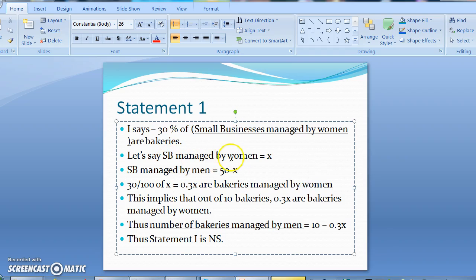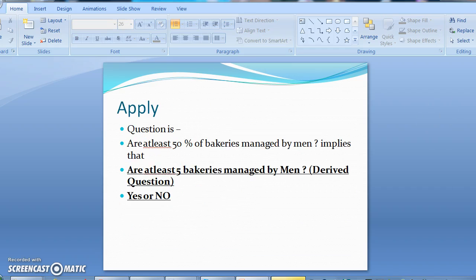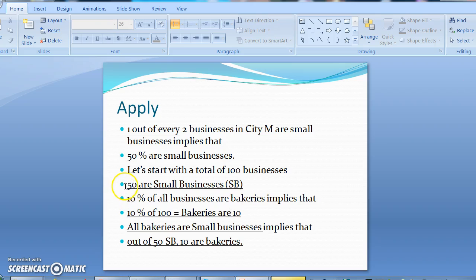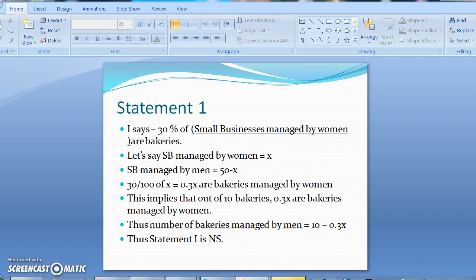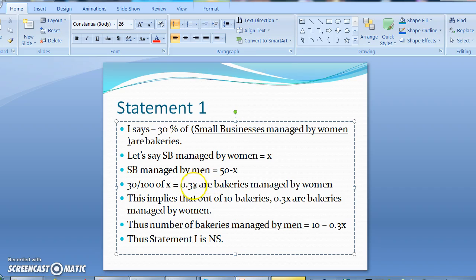Also notice that if we take the number of small businesses managed by women as X, then the number of small businesses managed by men becomes 50 minus X, because our total small businesses is 50, as you may recollect from the previous slide. So we have 0.3X bakeries managed by women.